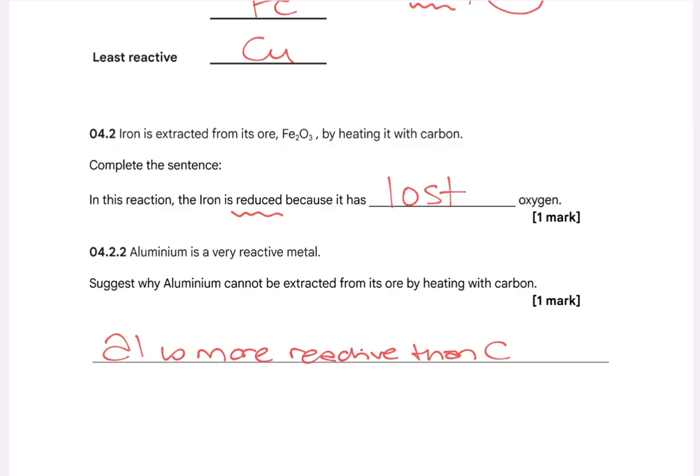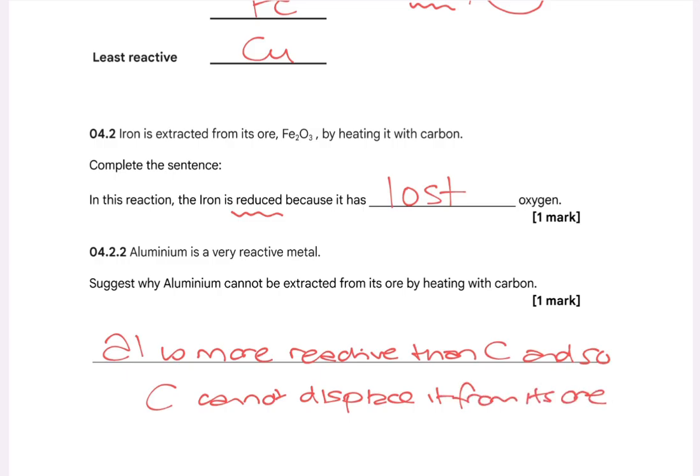So aluminium is more reactive than carbon, and so carbon cannot displace it from its ore. And that allows us to explain that one.